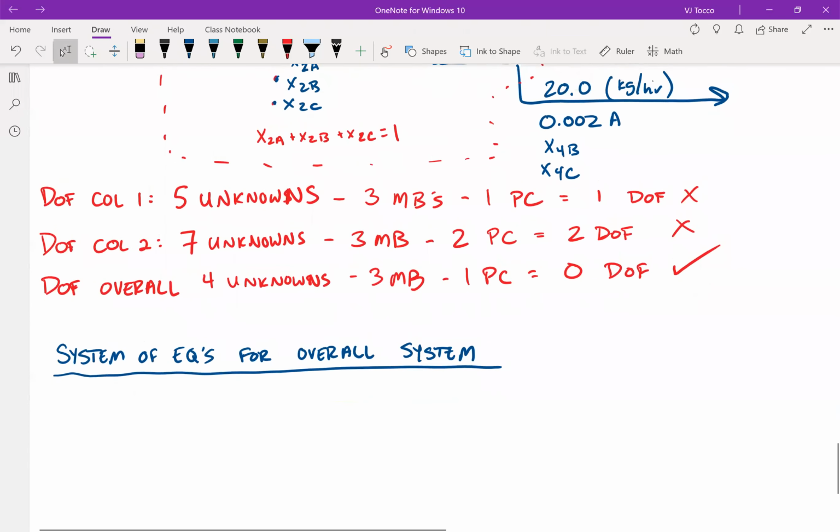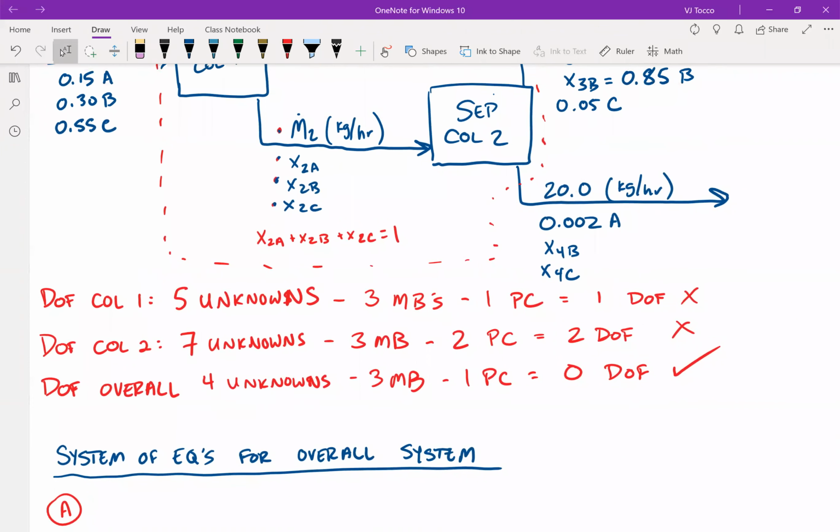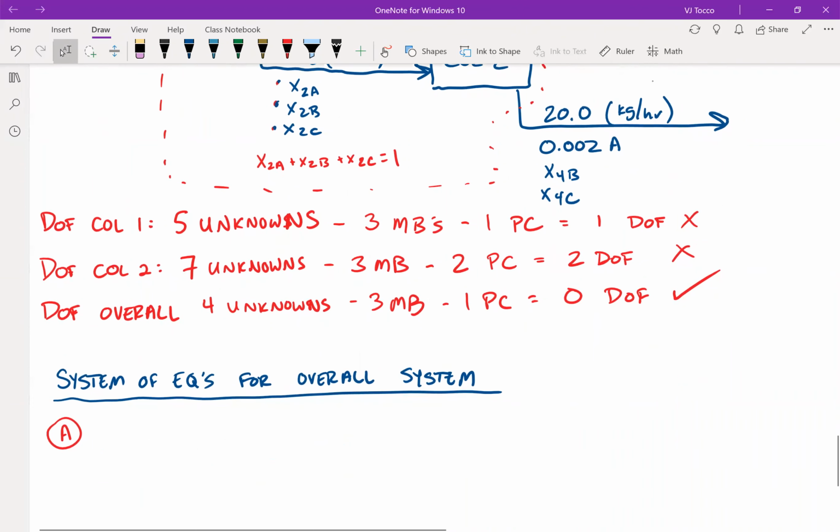I'm going to do a material balance for each one of my components. So a material balance around component A for the overall system. These material balances are all going to be of the form, I'm dealing with mass here, right? So it's in minus out is equal to accumulation, because mass cannot be created nor destroyed, so generation and consumption cancel automatically.